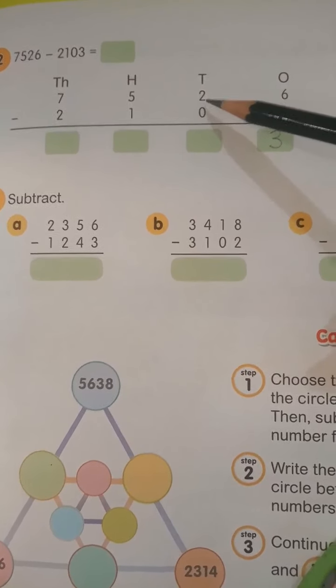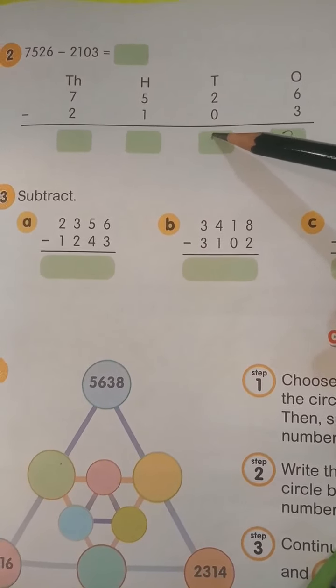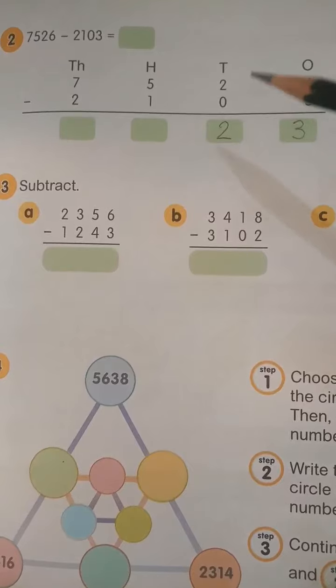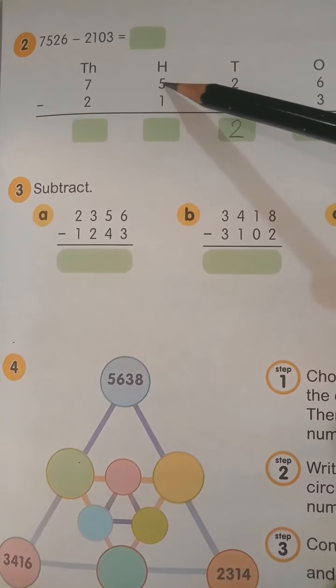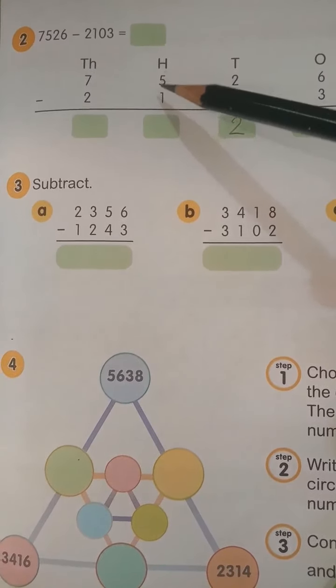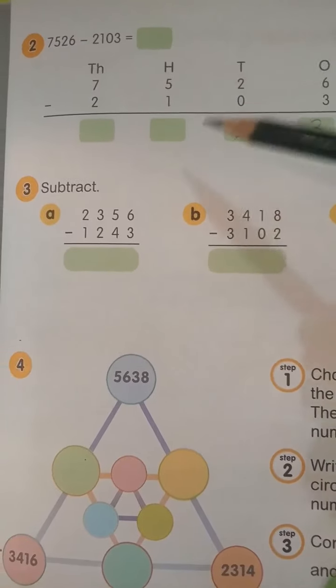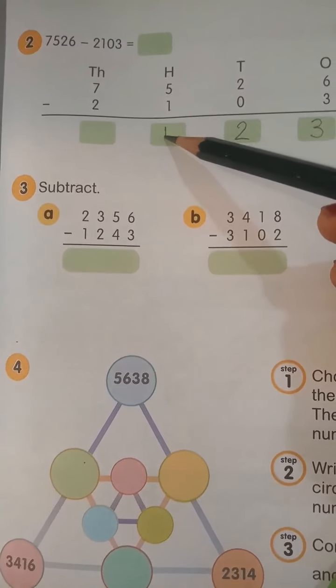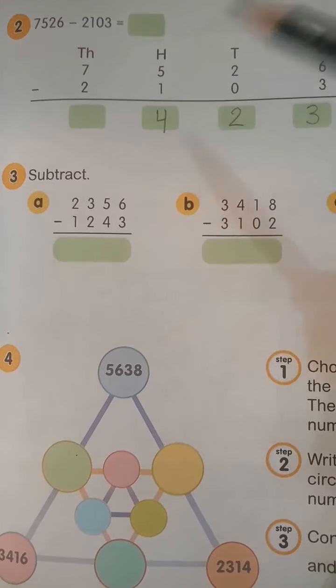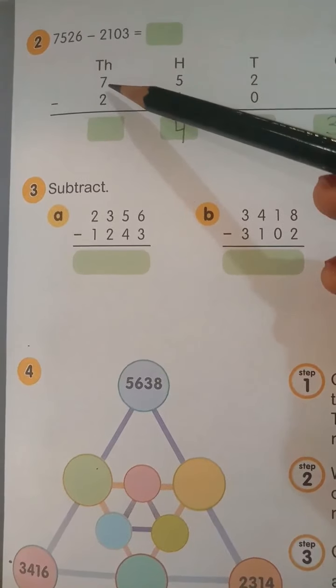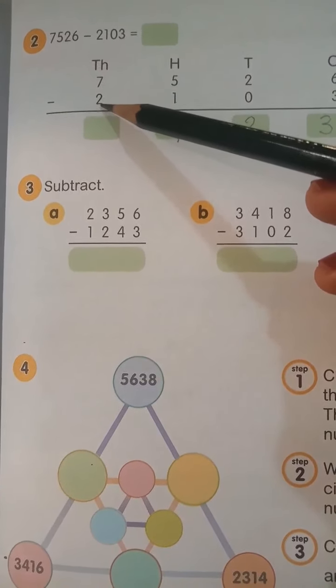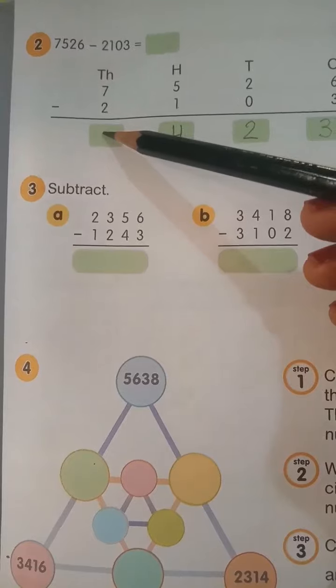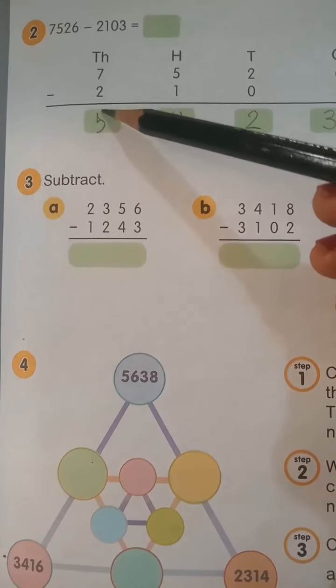2 tens minus 0 tens equals 2. 5 hundreds minus 1 hundred equals 400. 7,000 minus 2,000 equals 5,000.